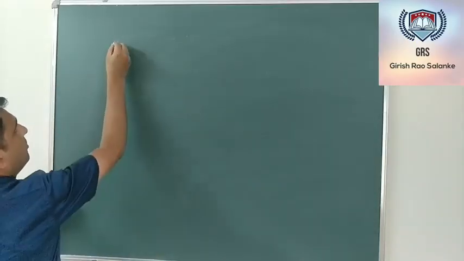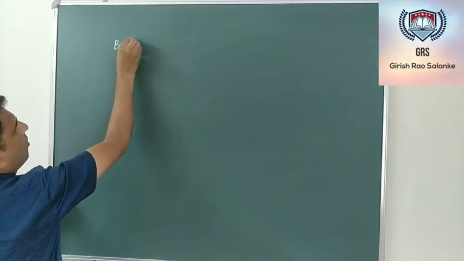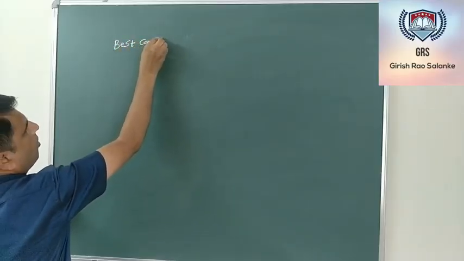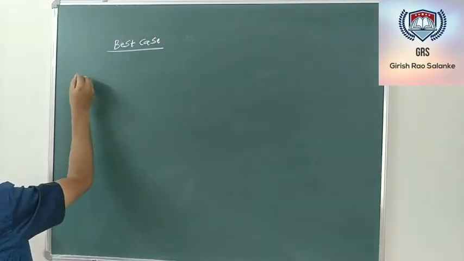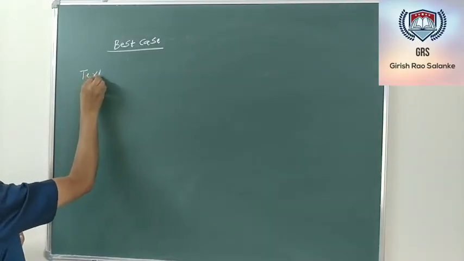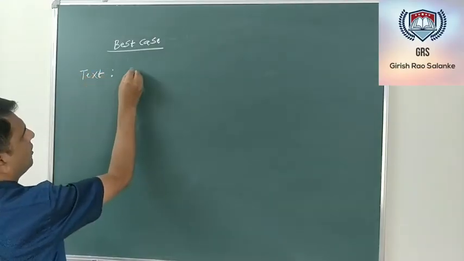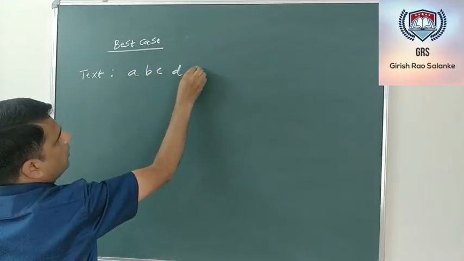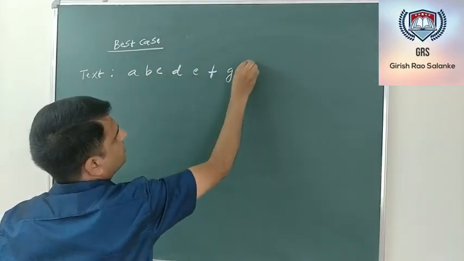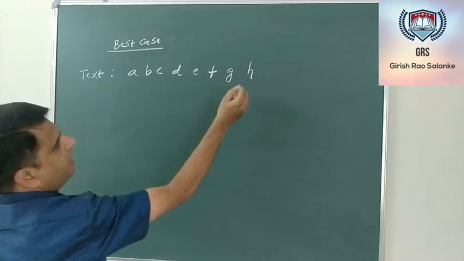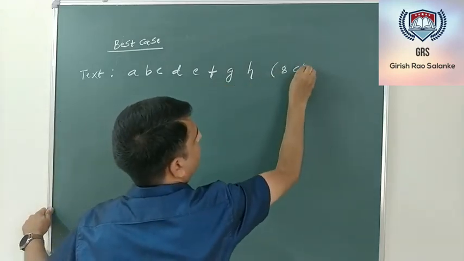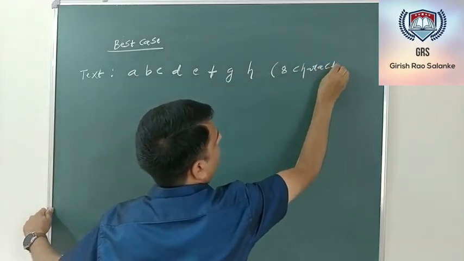To analyze the best case, first let me take the text as A, B, C, D, E, F, G, H, which has 8 characters. The length of the text is 8 characters.